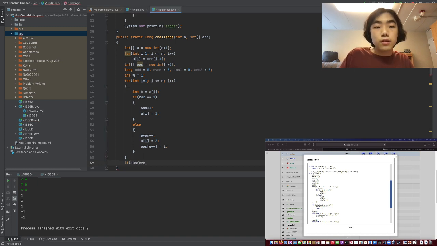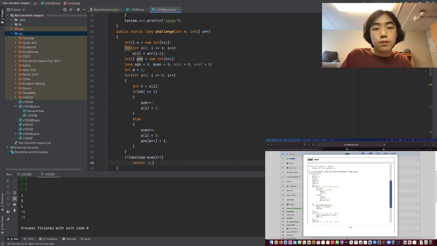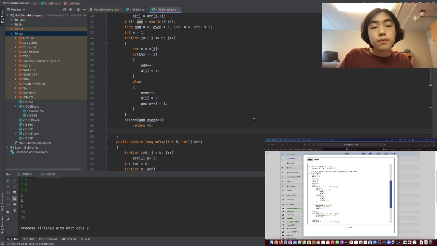If absolute value of odd minus even is greater than 1, then we return -1. Okay?